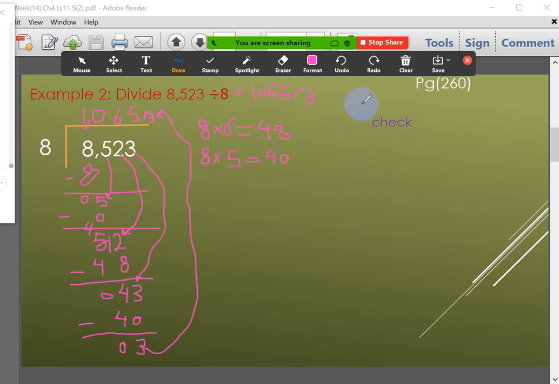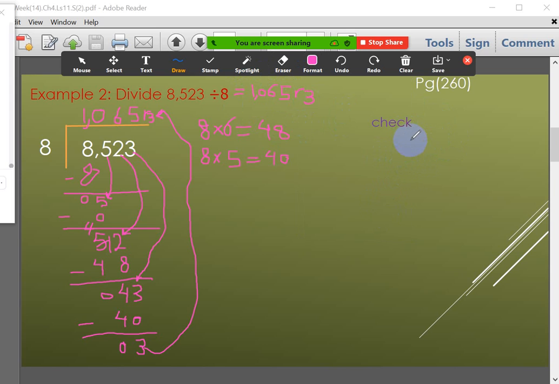Now, there is a step I can do to check if my answer is correct or not. There is a step I can do to check if my quotient, or the answer, is correct or not. What is this step?